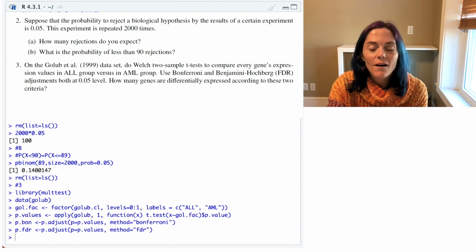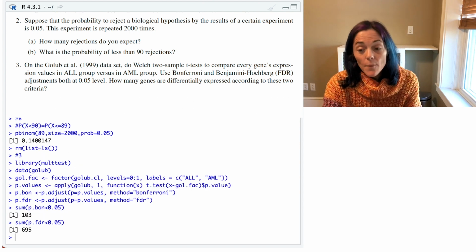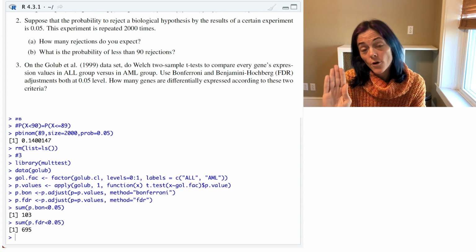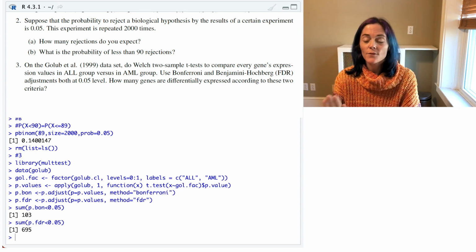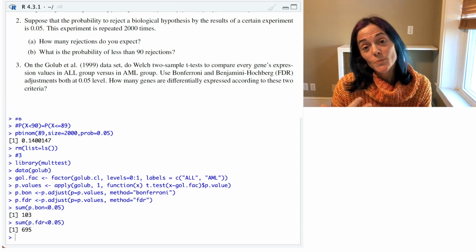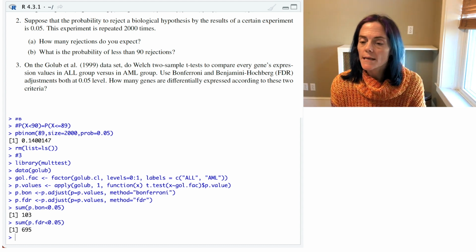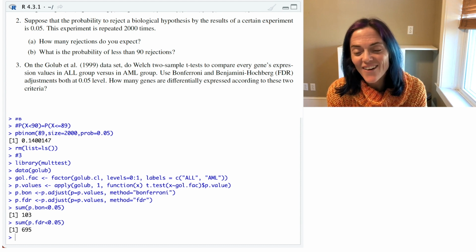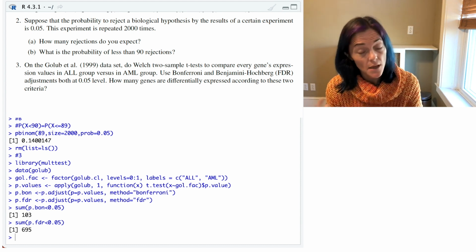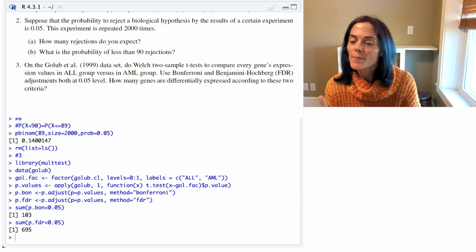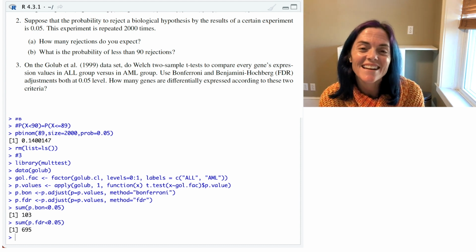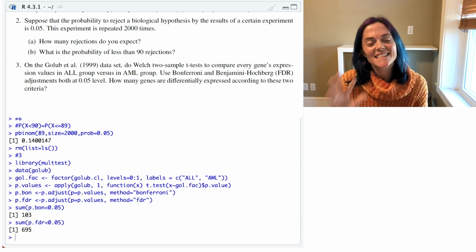And then we ask R, how many for the Bonferroni correction are less than 0.05, and how many for this Benjamini-Hochberg or FDR correction are less than 0.05. And here are two numbers. Bonferroni gives us 103 statistically significant, and Benjamini-Hochberg 695 statistically significant.